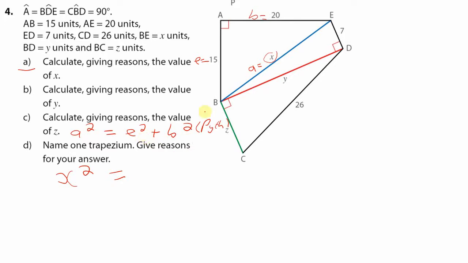So now that we have that, we are allowed to substitute. So into the place of a we have x, into the place of e we have 15, so it's 15 squared, and into the place of b we have 20, so it's 20 squared. So now we can simplify, so x squared equals, what is 15 times 15?